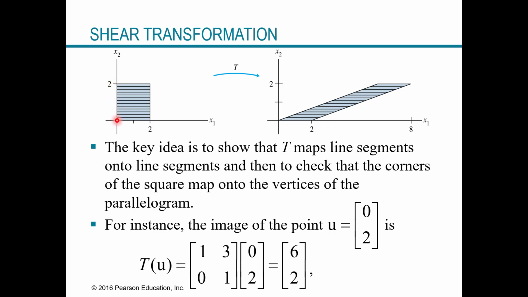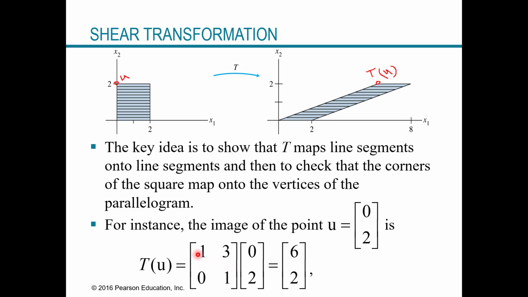Or you can even think of it like from the origin with the arrow to 2. But this is what u represents right here. And so what we want to see is that with this transformation, are we going to get this point right here? So let me just label those. Okay, so u is here. We transform it, and we should get T of u, which is right here. And let's see if mathematically we can compute that.